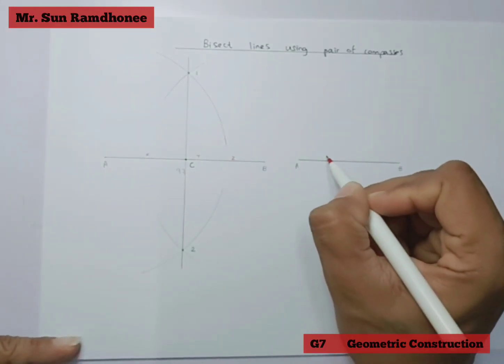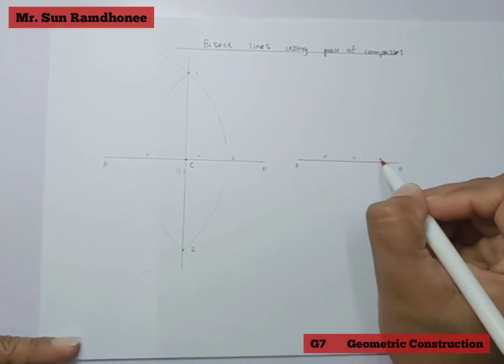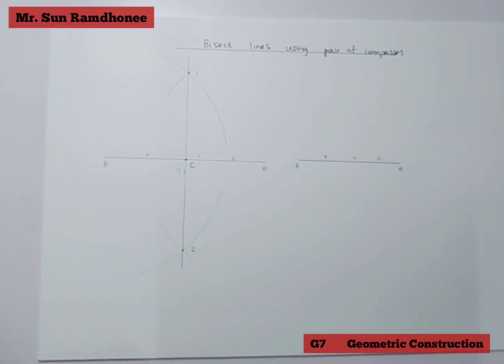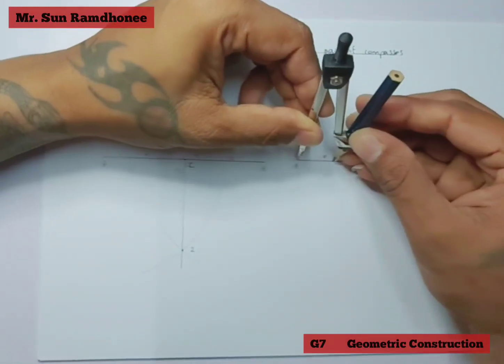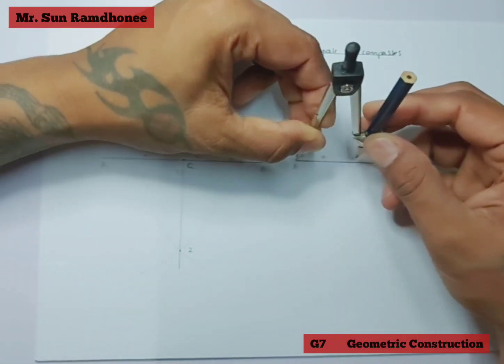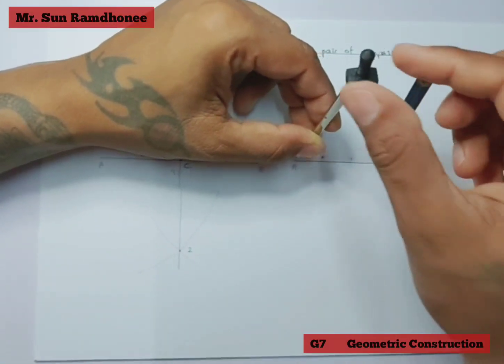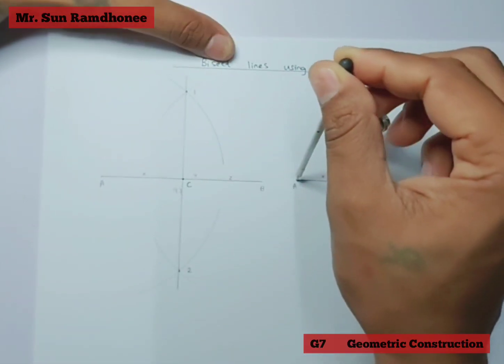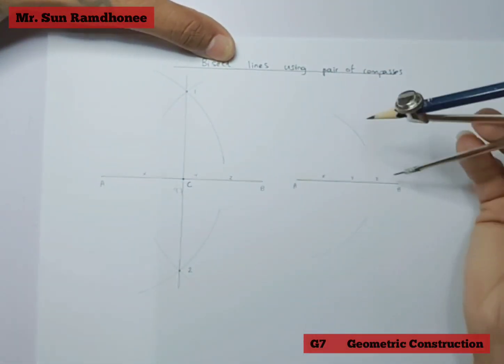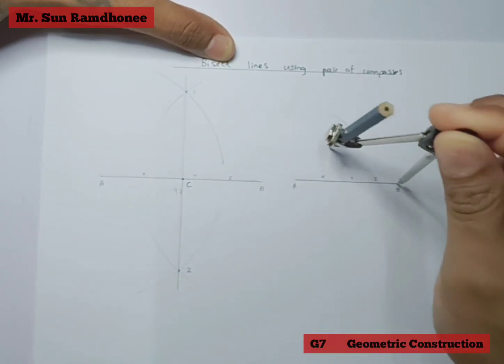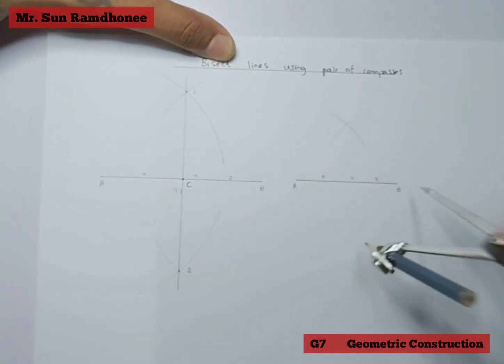We're going to write X, Y, and Z, and then we're going to put our compass here. And we know that it is not X, it is not Y, it is Z. So I draw the arc upwards and downwards. And I repeat the same steps at B without changing this dimension.